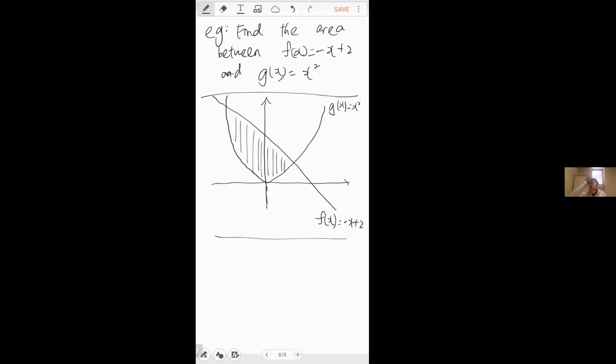What is the first step? What do I need to do? I mean, the first step I show you, so draw the graphs of f of x and g of x. What's next?